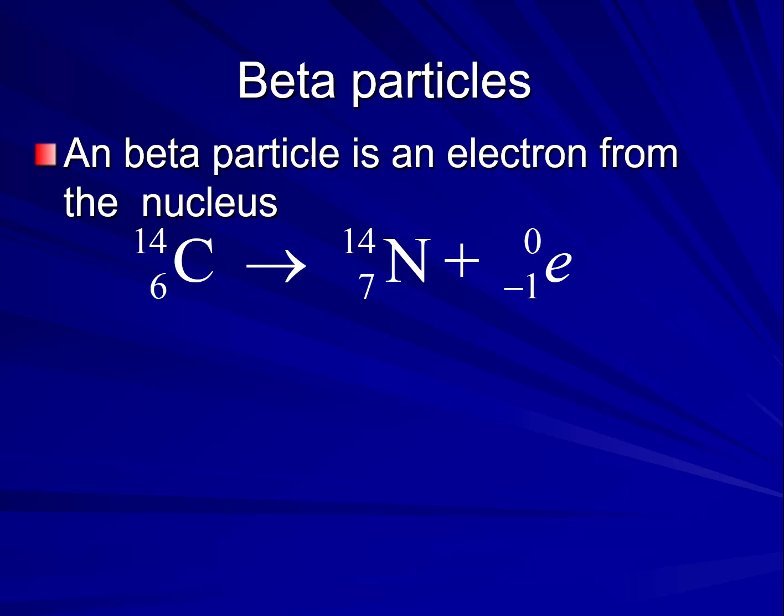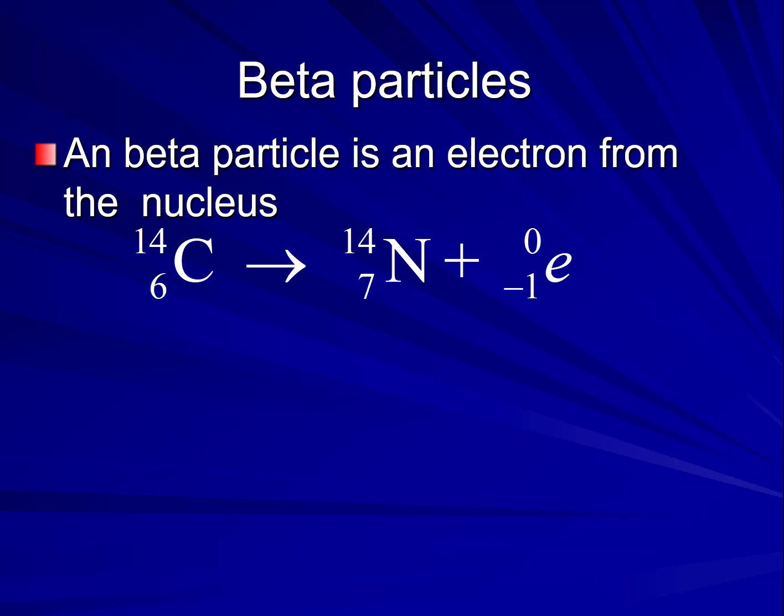Okay, so this is a beta particle. A beta particle is an electron ejected from the nucleus.